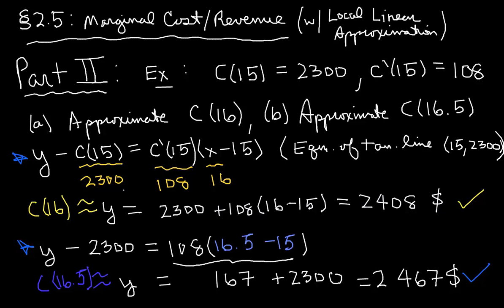It's just 2,300 plus the marginal, 108. And similarly, if you wanted to do it for 17, you'd multiply the marginal by 2. As long as you understand what it means to be a marginal cost, you can also do these problems pretty easily. But again, with the idea of local linear approximations, you have to know the slope of that tangent line, which is the derivative, and a point on that line.